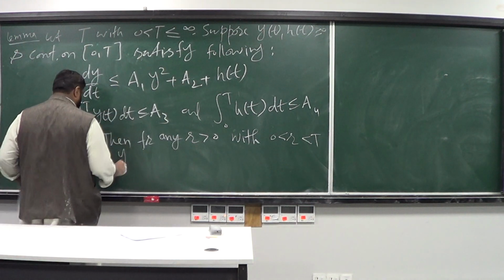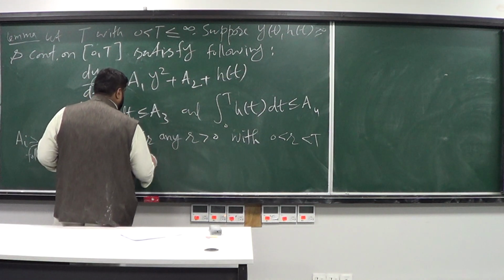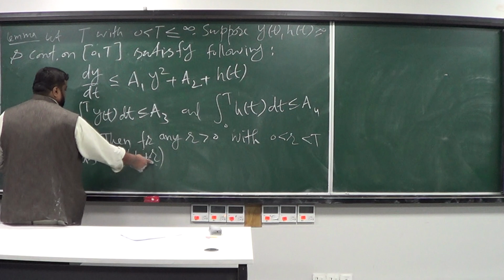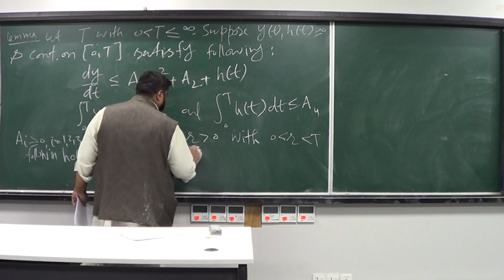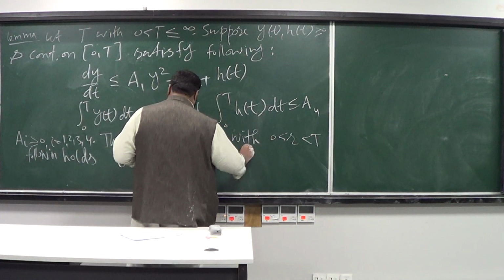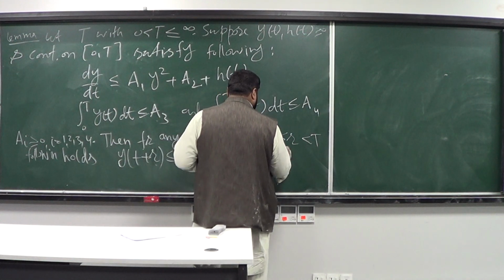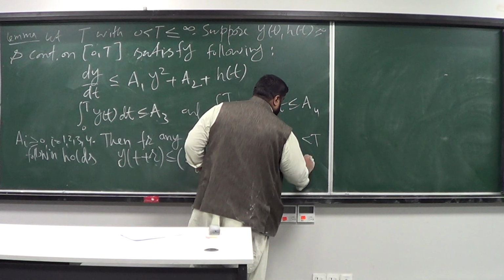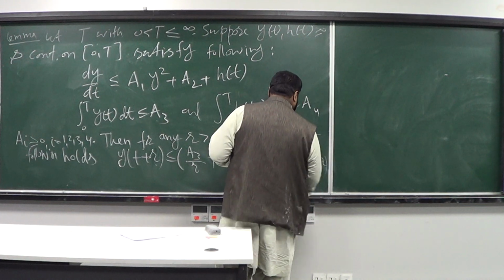That y evaluated at t plus r, in other words, at any instant t after the instant r, can be estimated by the same constant: a3 over r plus a2 r plus a4, times e raised to a1 a3, for t in the interval 0 to t minus r.